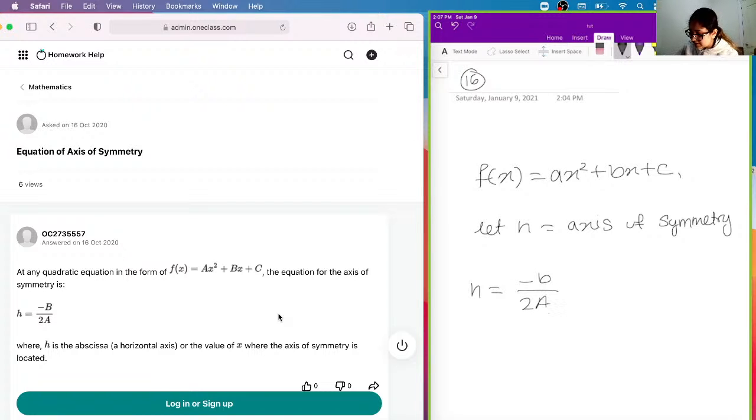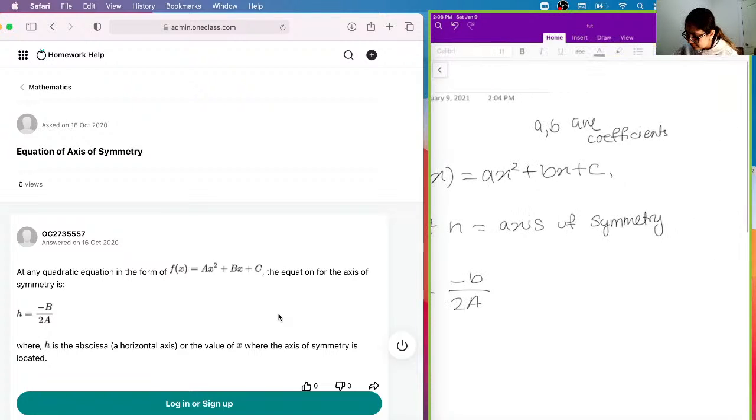So your a and b in this case are coefficients. As I mentioned, h is the horizontal axis, or the value of x where the axis of symmetry is located.